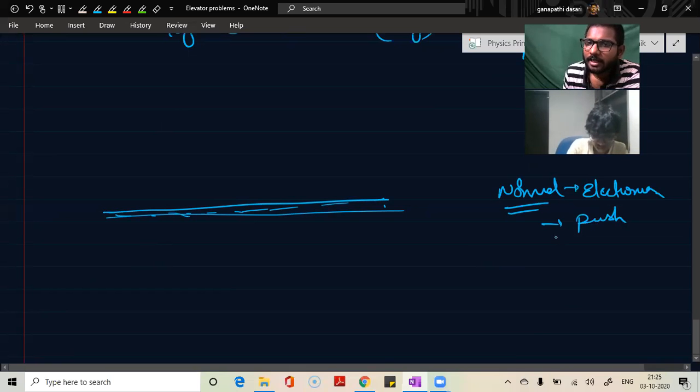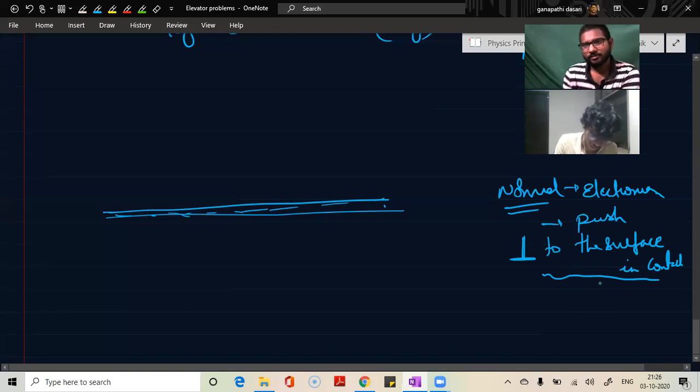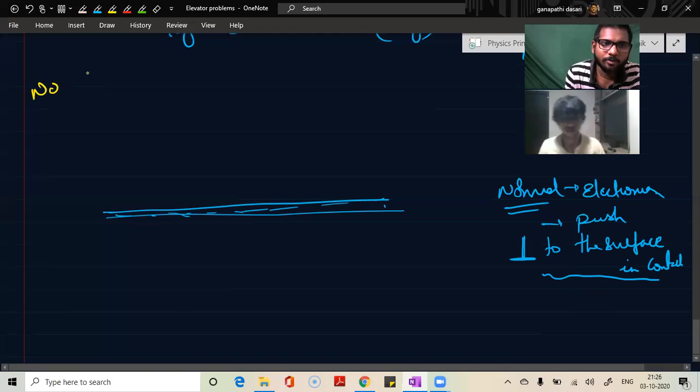It will act perpendicular to the surfaces in contact. If contact is not there, normal reaction is 0. For normal to happen, there should be contact. That is why it is also called the normal contact force.